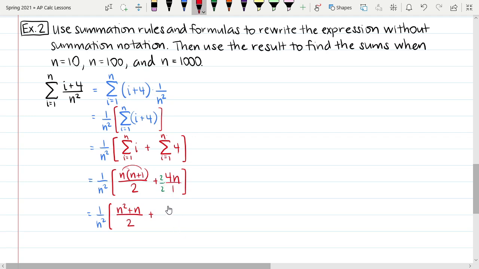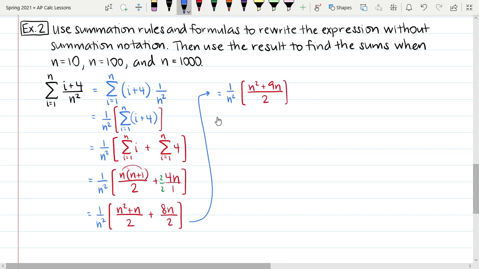So that's now going to become 8n over 2. All right, so now I've got 1 over n squared times, so now that I have a common denominator, I can add the numerators together. Notice I'm going to have an n plus an 8n, so this does become n squared plus 9n all over 2.